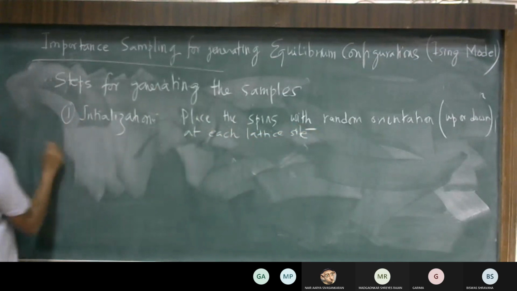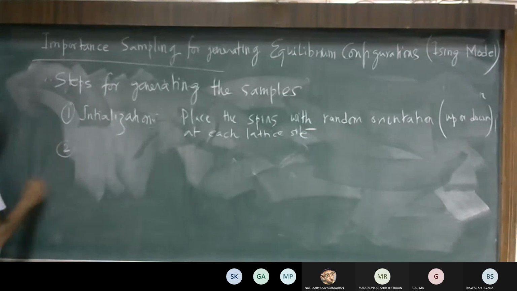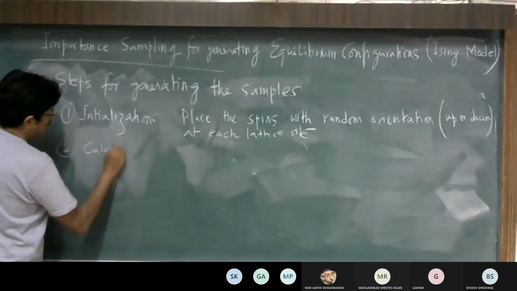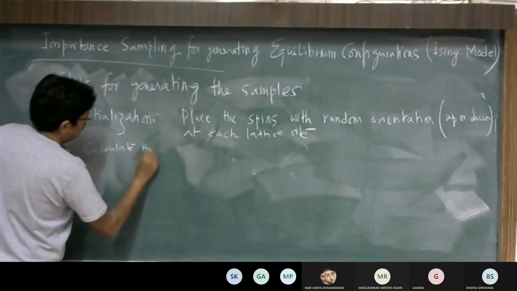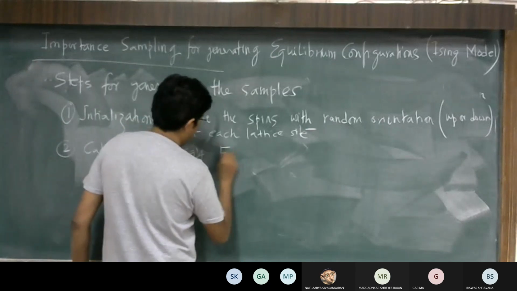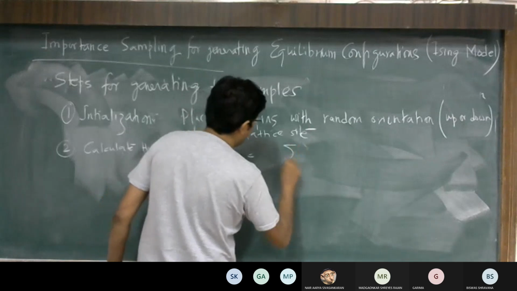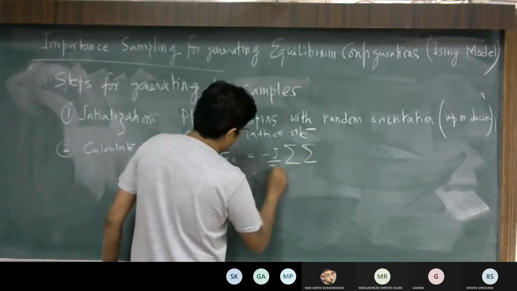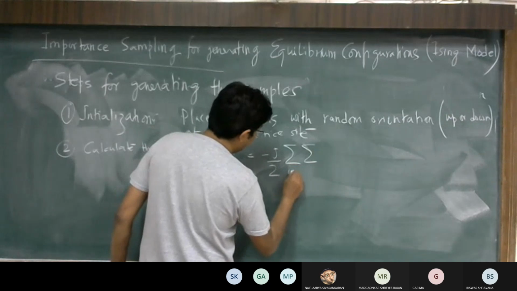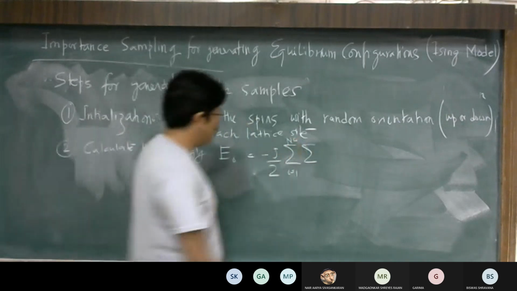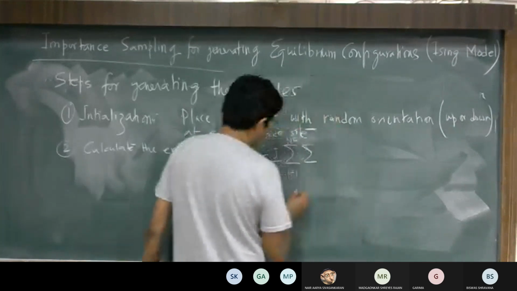This was step 1. And then from step 2, you first calculate the energy for this configuration. And of course, we had discussed that if you want to calculate this energy, then one of the summations runs from i to N squared, that means the total number of lattice points and total number of spins.